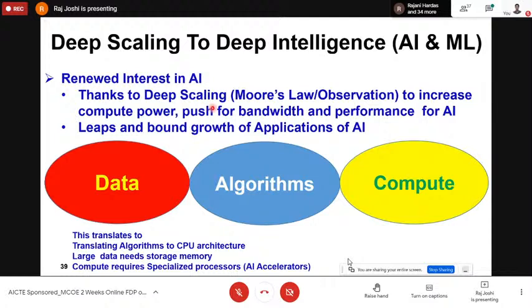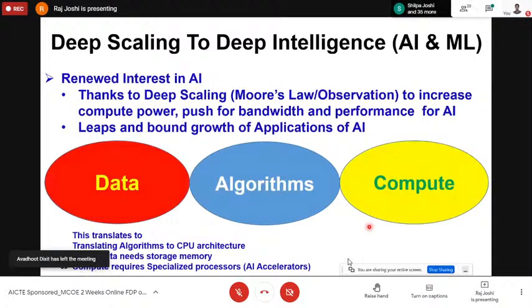And thanks to deep scaling because of Moore's law, to increase compute power, push for bandwidth and performance for AI. And you see the leaps and bounds of growth in applications of AI. And what does this mean? What does AI mean? AI is basically nothing but, now you have data, algorithms, and compute. Okay, and what does this translate to?